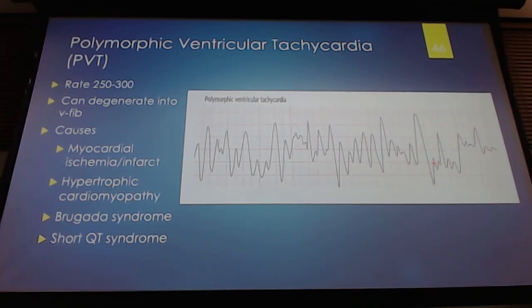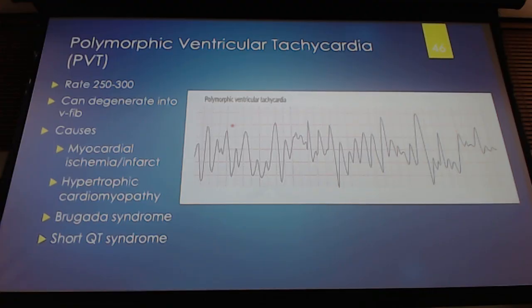So polymorphic VTAC is a type of ventricular tachycardia that can occur from something like an R-on-T phenomenon, a premature ventricular contraction occurring at the latter portion of that T-wave, or that relative refractory time period. Right?